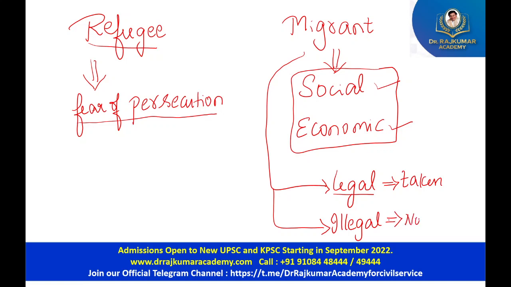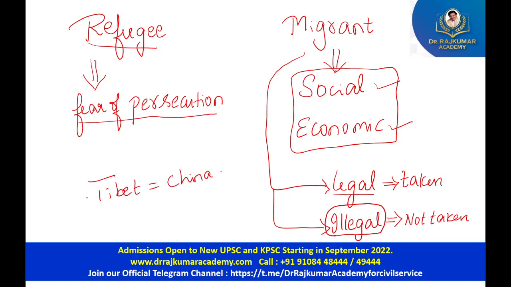Illegal is someone who has not taken permission and has entered into the country. Fine. So, legal migrant, illegal migrant. The one who has entered into the country without taking permission is an illegal migrant. Now, guys, let us say Tibetan people have come from China.